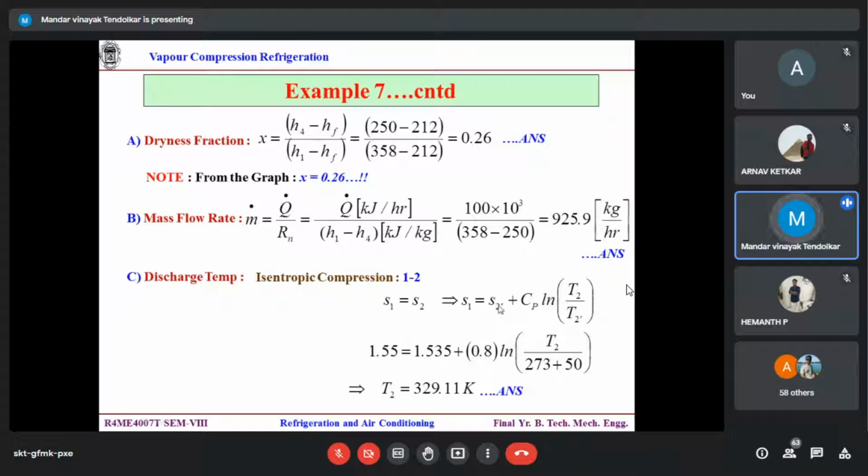Out of that, the saturated part we have taken from the chart or maybe from the table. Cp is given to me, and that is a must because Cp is not mentioned in the chart, and ln of T superheated by T saturated. So T superheated I can calculate. Is the calculation correct?